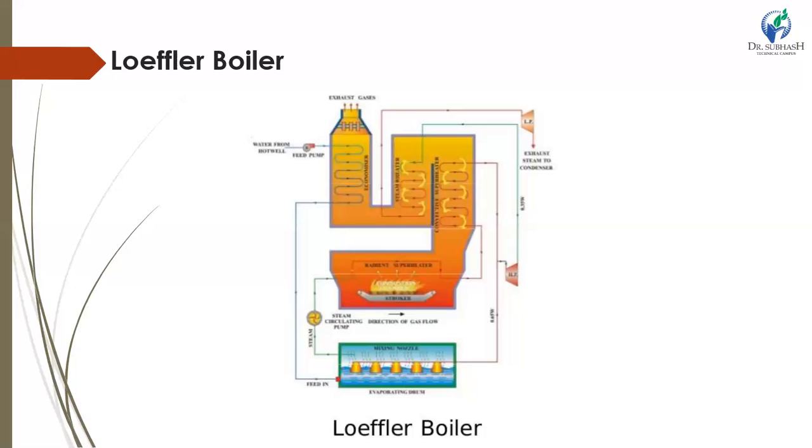This boiler can generate around 100 tons of steam per hour at a pressure of 140 bar and a temperature of 500 degrees Celsius. Some advantages of this boiler are that it can carry higher salt concentration compared to other boilers.